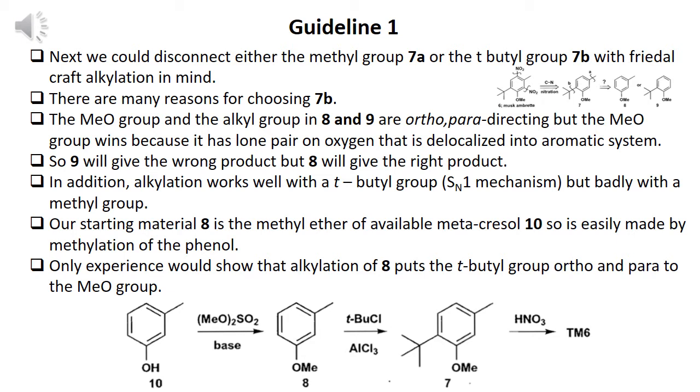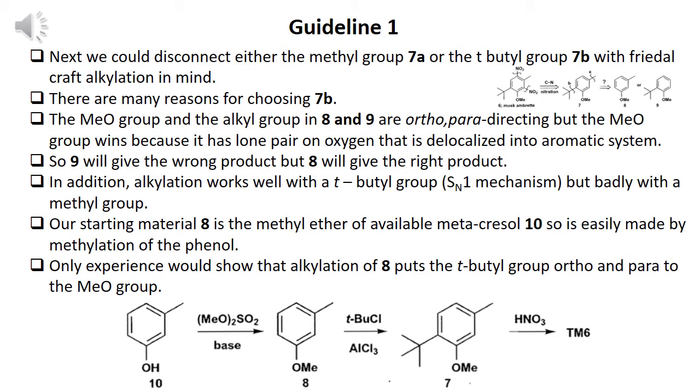The methoxy group and the alkyl group in 8 and 9 are ortho-para directing. After the disconnections we get 8 and 9. The methoxy group, present in both 8 and 9, is ortho-para directing, but the methoxy group wins because it has a lone pair of electrons on oxygen that is delocalized into the aromatic ring, which is an electron-donating resonance effect.